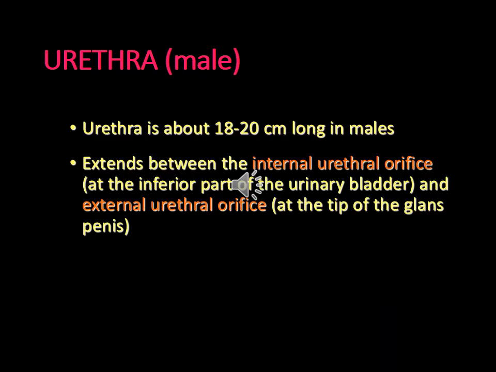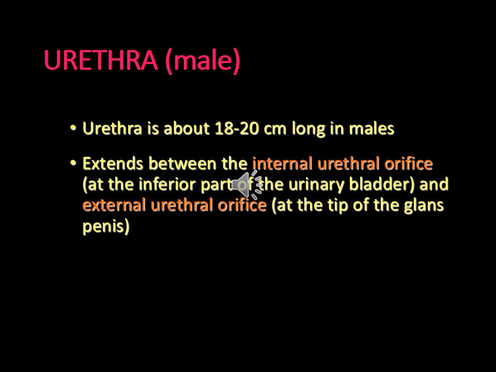Coming to the male urethra, you can see that it's about 18 to 20 centimeters in length because of the penis, and it extends from the beginning of the urethra, which is called the internal urethral orifice.